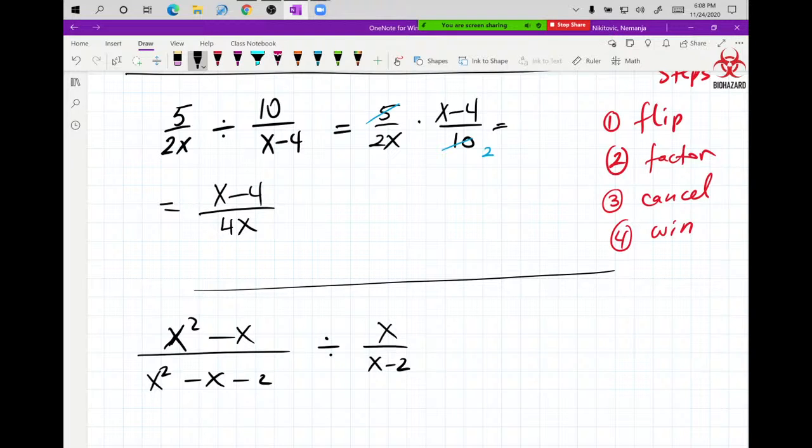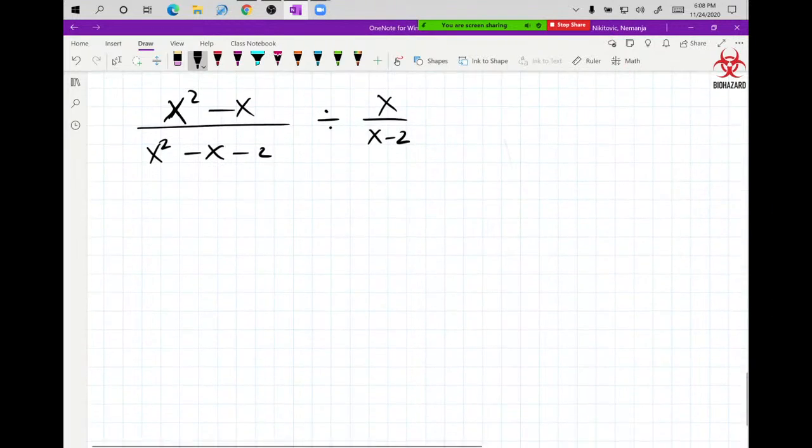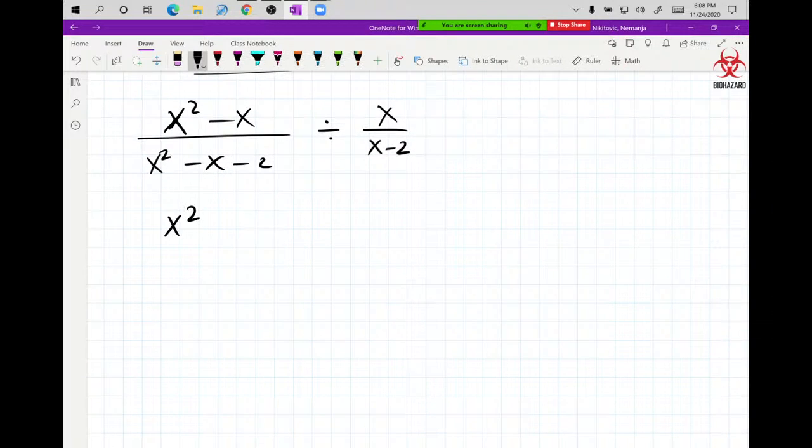Flip, factor, cancel, win. Okay. Flip. So that was a flip. And now we need to factor these, so hopefully we can cancel some of the expressions.